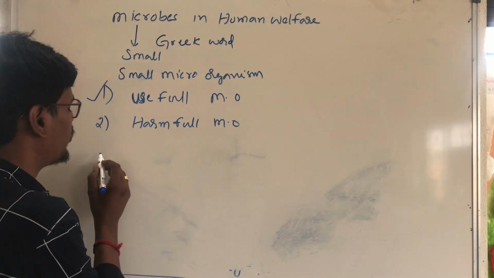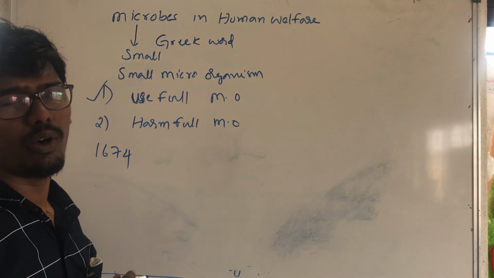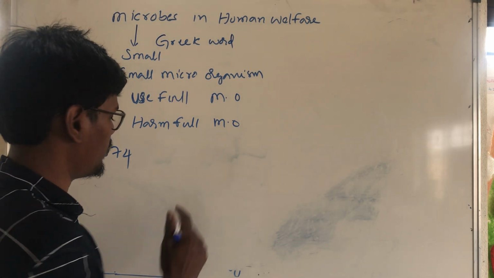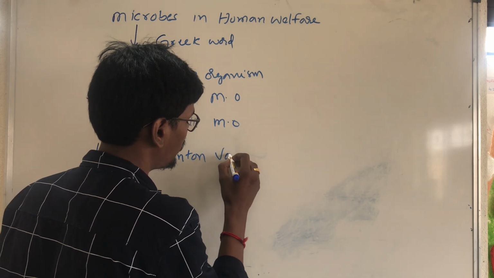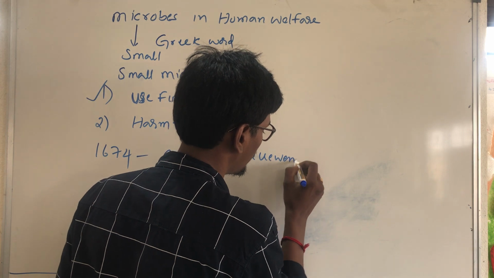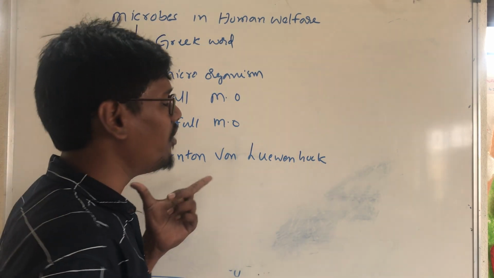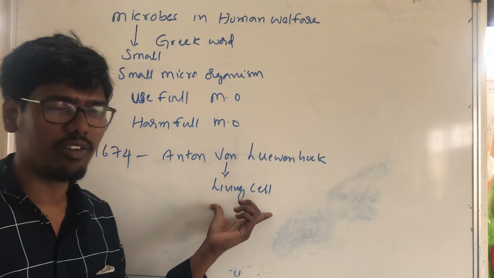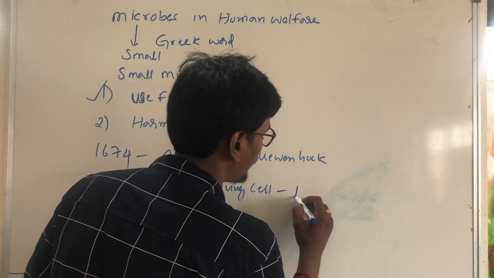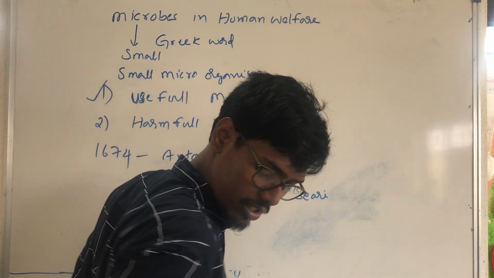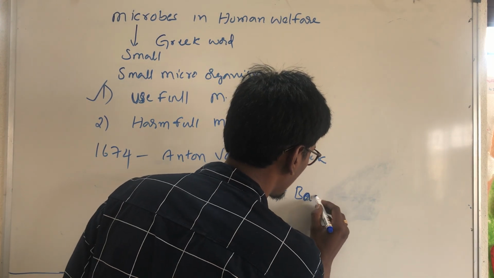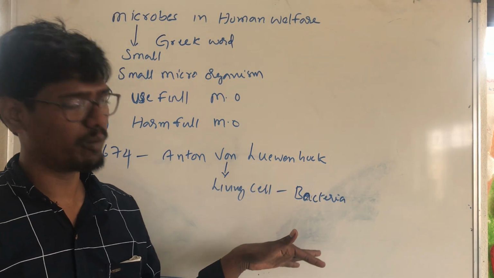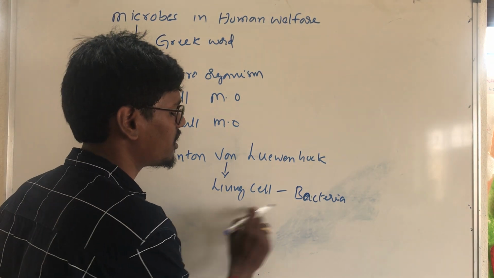In 1674, Anton von Leeuwenhoek first discovered microorganisms. He discovered the living cell, and conducted his experiments on bacteria. He first observed a living cell in bacteria.